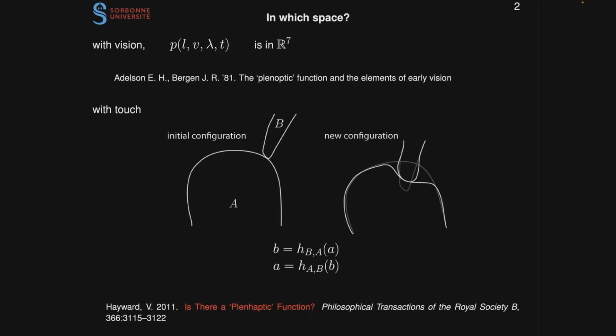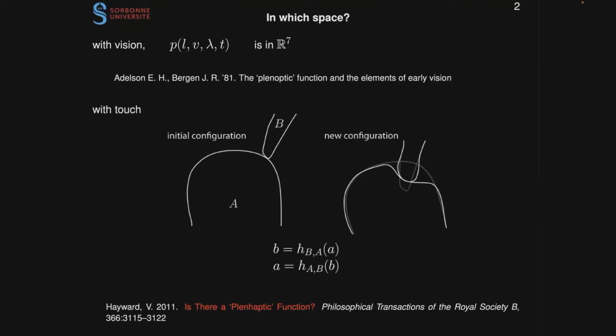And of course, real robots or real animals only have access to a subset of that space, like a camera would have access to a two-dimensional image. But in general, in vision, the plenoptic function has 7 dimensions, which are readily deduced from the way photons behave.